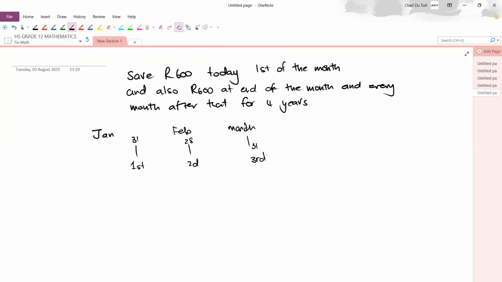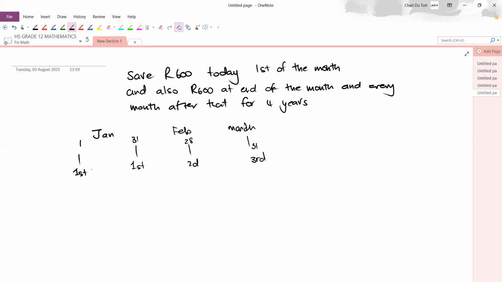So at the end of each month, you make an installment. But now they say, look, we're paying on the 1st of January. We're paying our first installment, and then the 31st. I'm not sure what it's called, but it's something like an upfront annuity. You pay immediately and then you start at the end of the month.